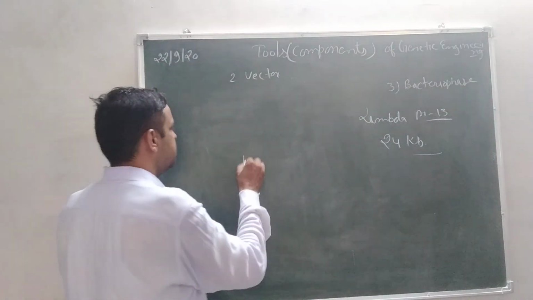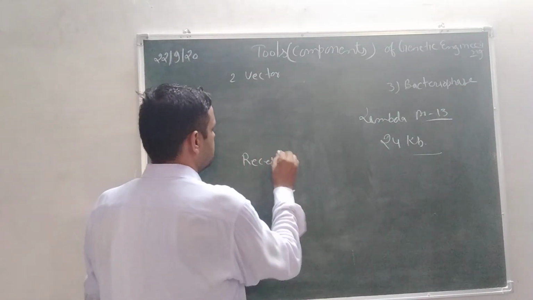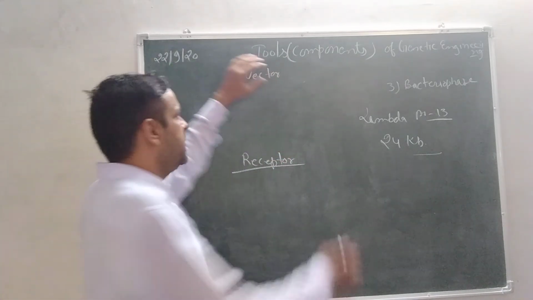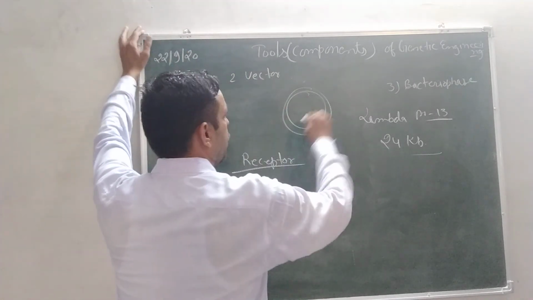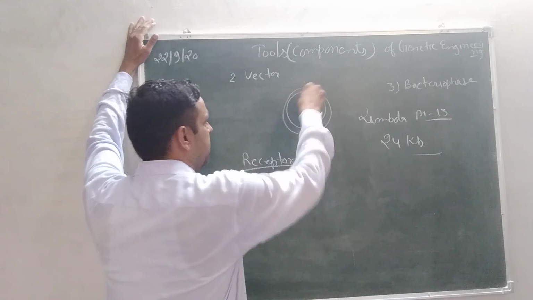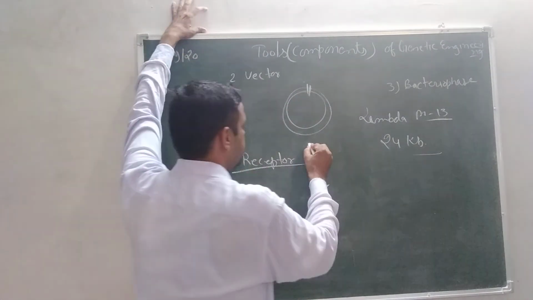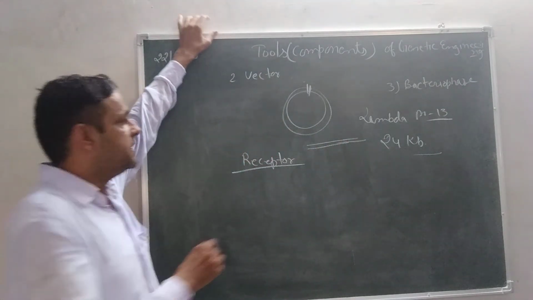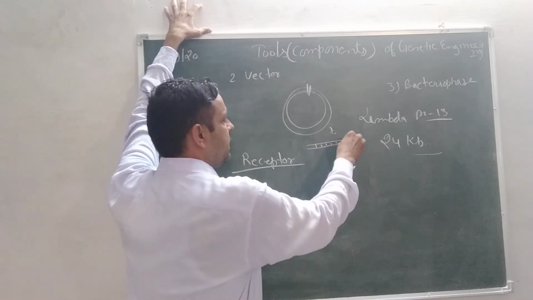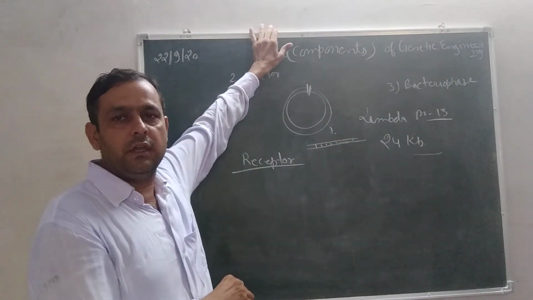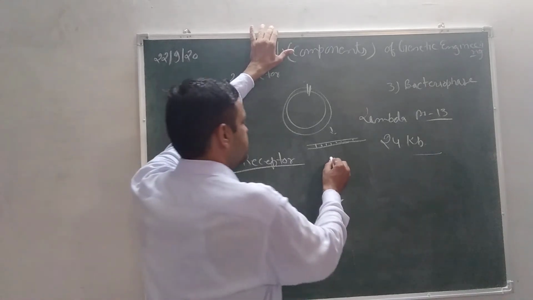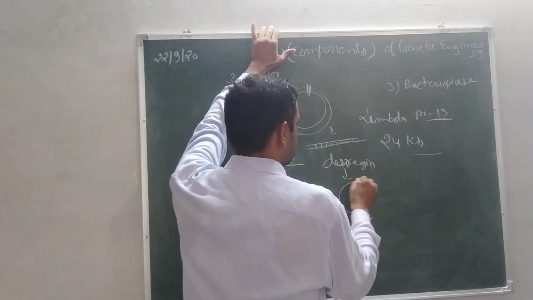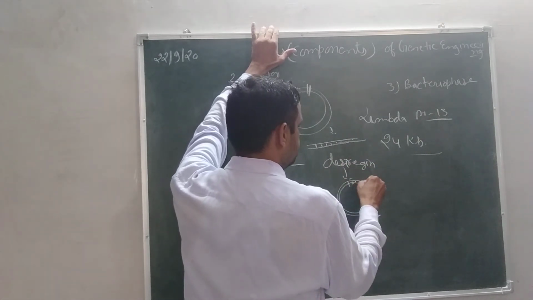Receptor cell means whenever we cut the plasmid DNA, just like this plasmid or bacteriophage or cosmid, we cut it by restriction endonuclease enzyme, then treat it with alkaline phosphatase, then it converts into a linear DNA, then we integrate the desired gene, and this is the desired gene.